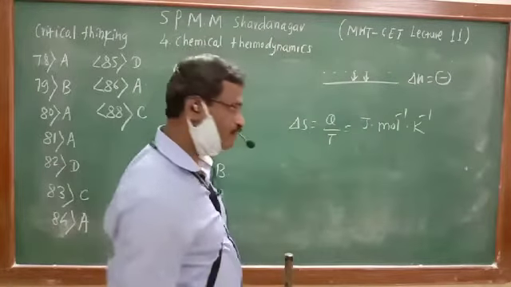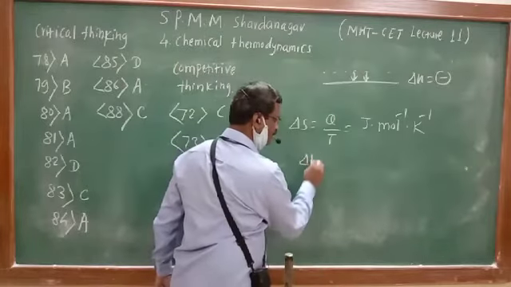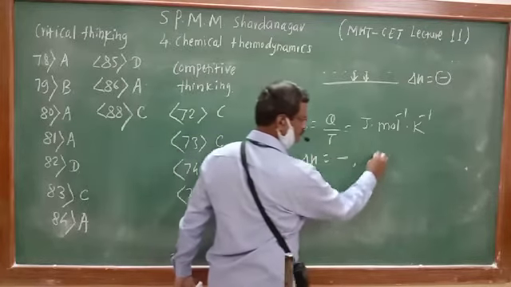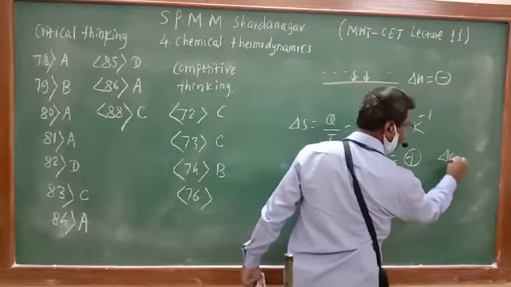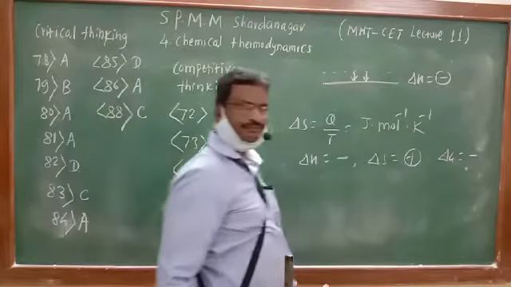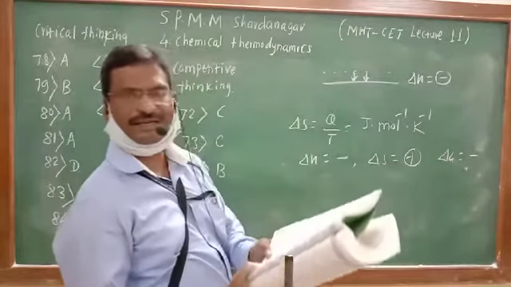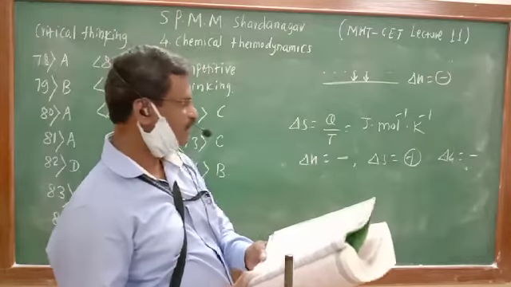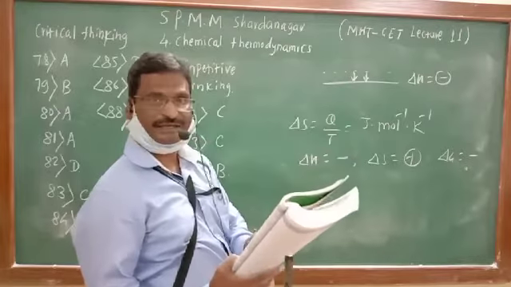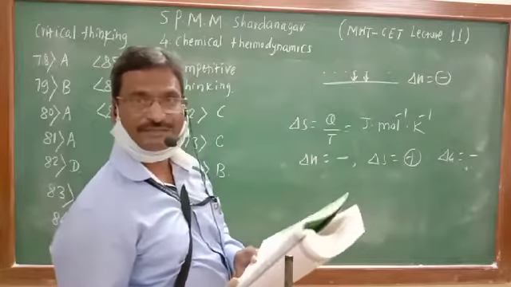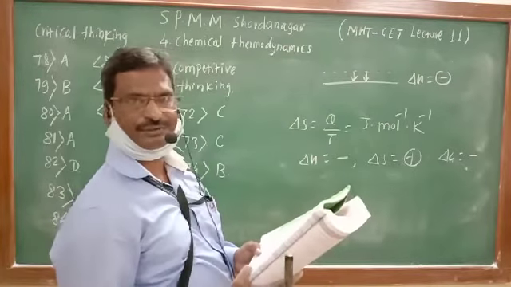For a spontaneous process, we have seen delta H is negative, delta S is positive, and delta G is negative. See, delta H is negative in the second case. So second reaction is spontaneous according to enthalpy change.